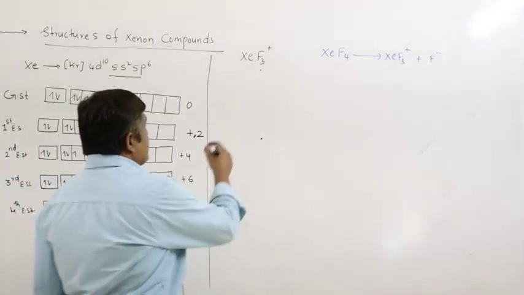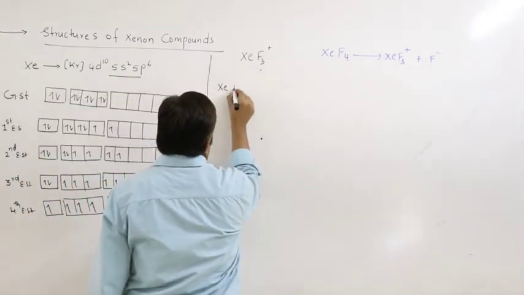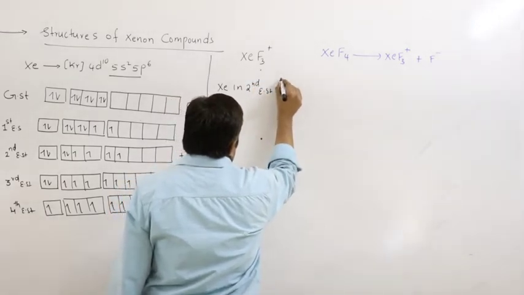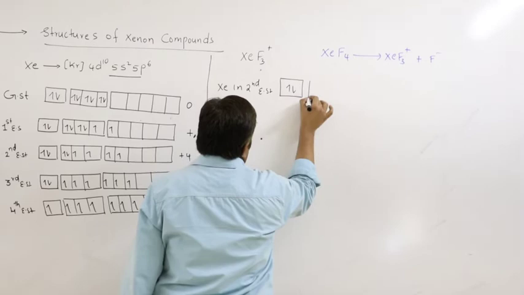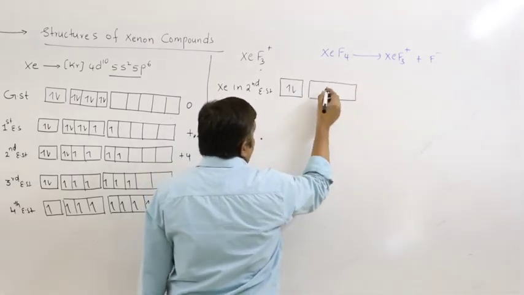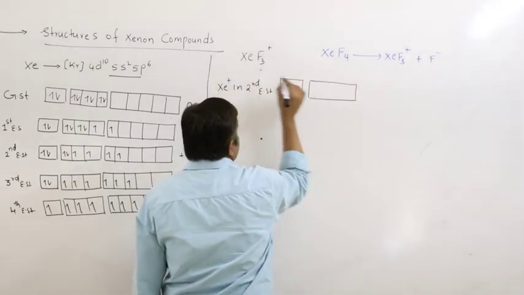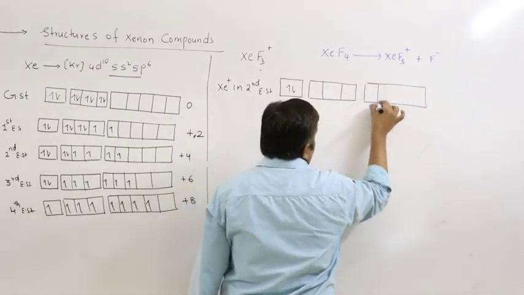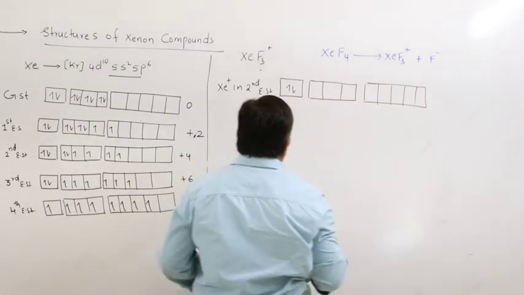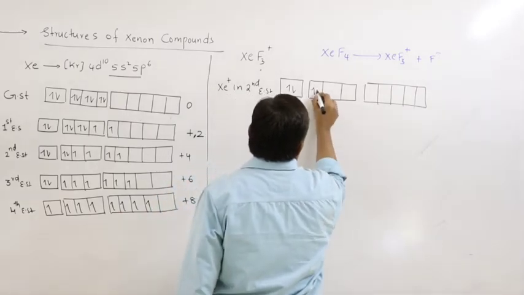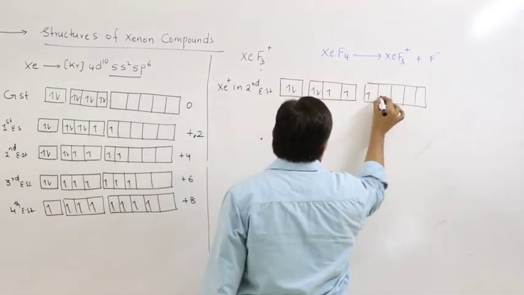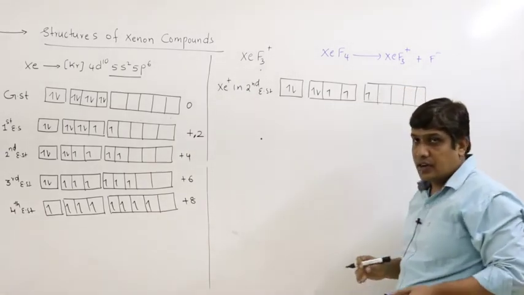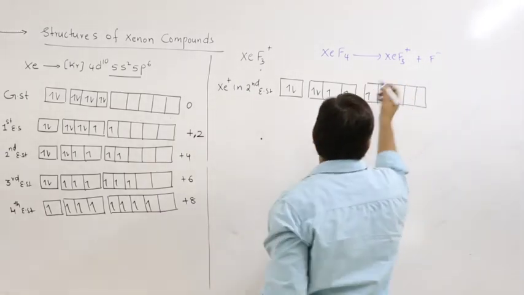So xenon in second excited state. Xe plus, 1, 2, 3, 4, 5, 6, 7, 8. Since there is plus, I am removing 1 electron. It contains 7 electrons. So 3 fluorines form 3 bonds.